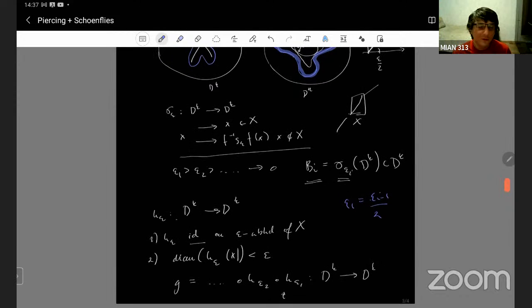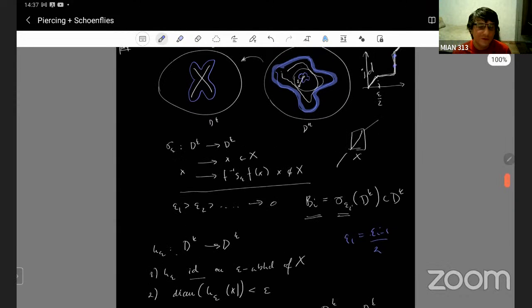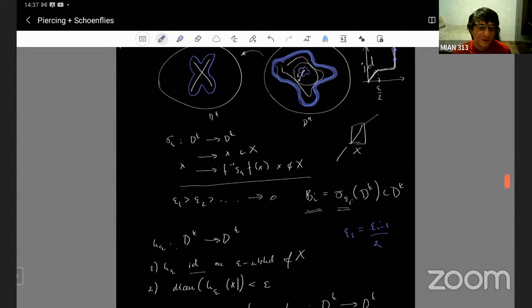Well, maybe that would still not be enough, because we probably want epsilon I to be smaller than, so we have this squeezing, and epsilon I minus 1 tells us about the sort of upper diameter of what is squeezed.